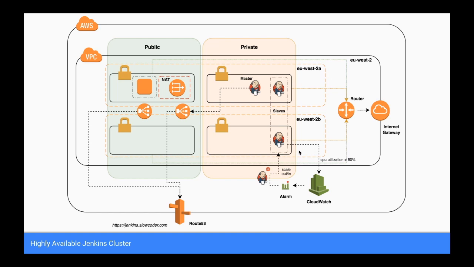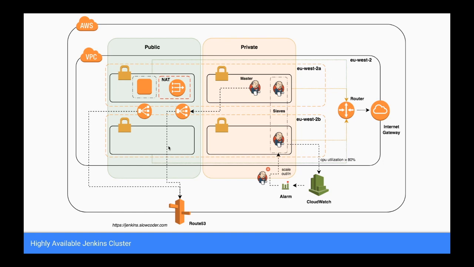Hence, if the CPU utilization of the workers is more than 80%, that will trigger a scale out event to add a new Jenkins worker to the group and vice versa. Finally, we will add a DNS entry to Route 53 pointing to the elastic load balancer domain name.